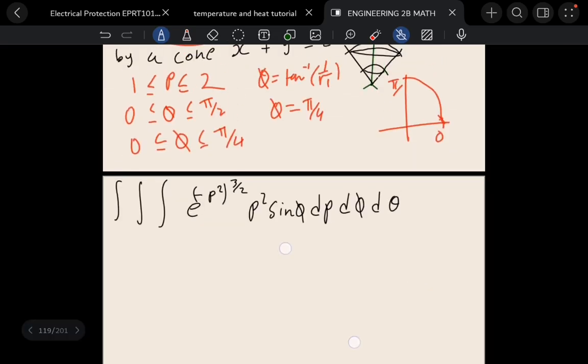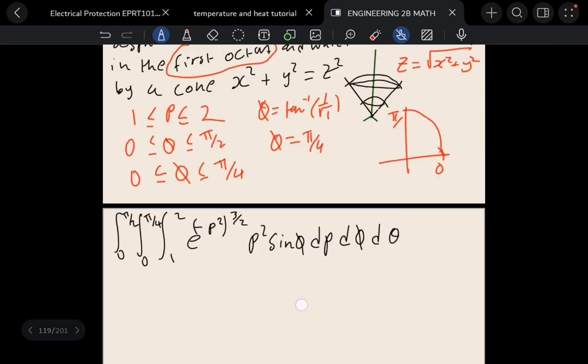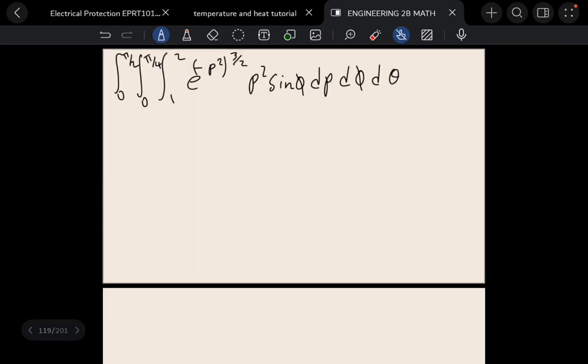Your rho starts from 1 to 2, your phi starts from 0 to pi over 4, and your theta starts from 0 to pi over 2. So you see, it is a very, very easy thing. Do not forget about the setup.